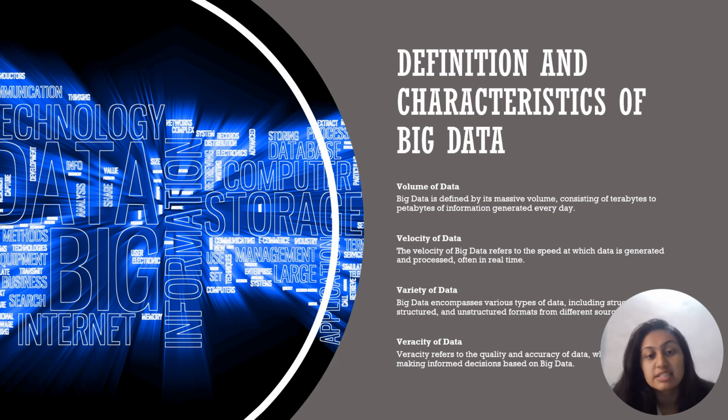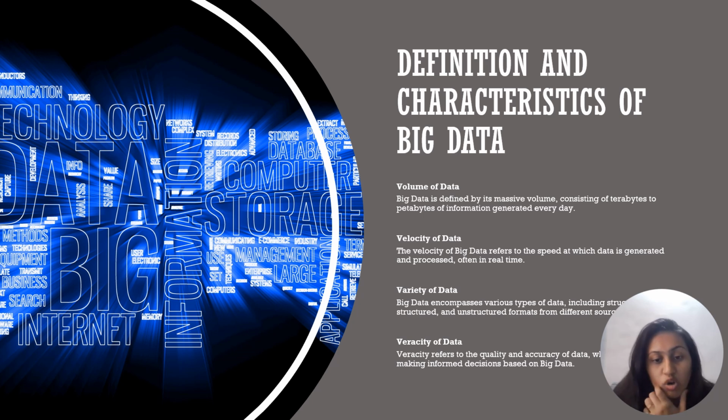Variety of data emphasizes the various types of data that can include, say, a video, or the population of a country, the bank accounts of the citizens, the ill or the healthy people. All these are data, and this is the variety of data.